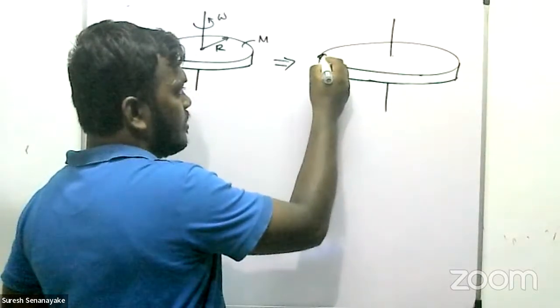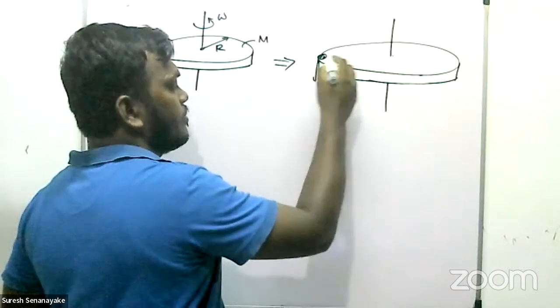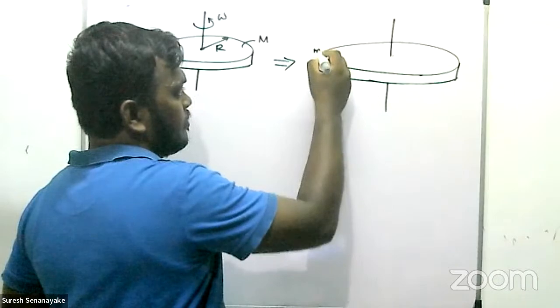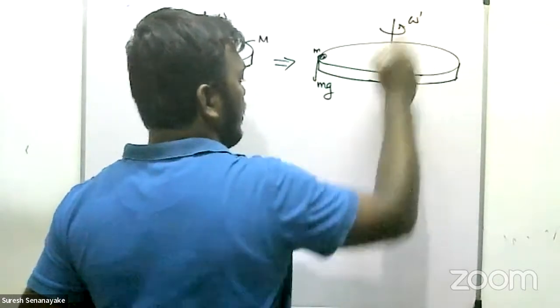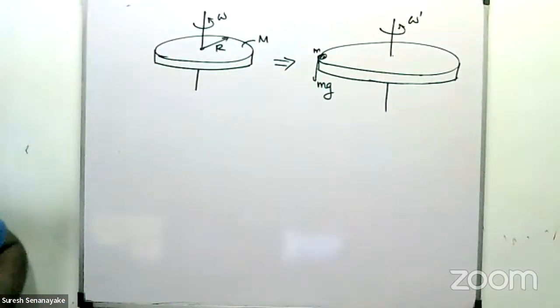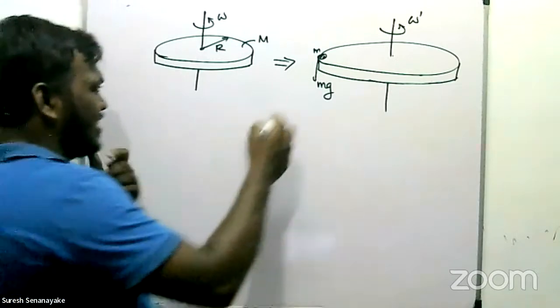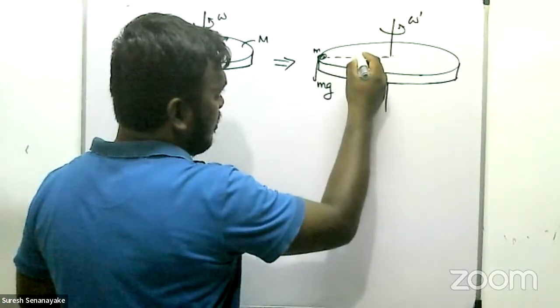When this small object falls on it, the angular velocity changes.